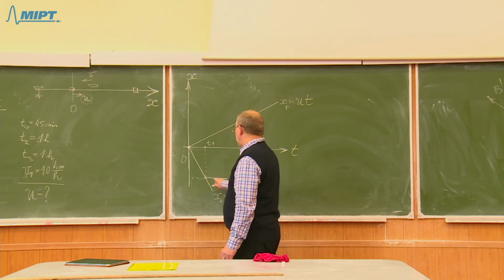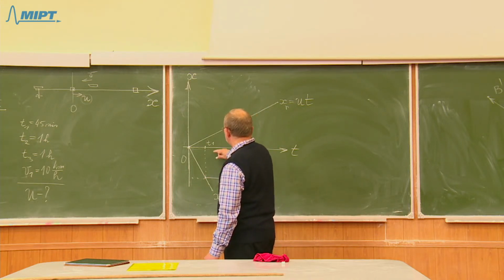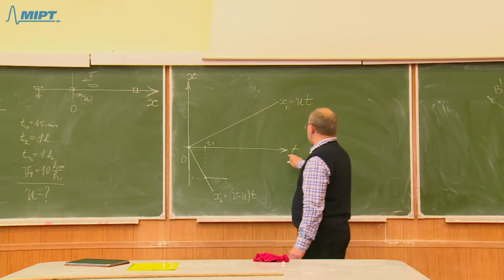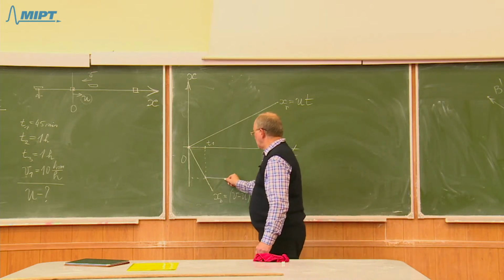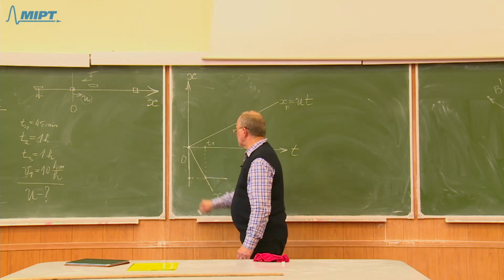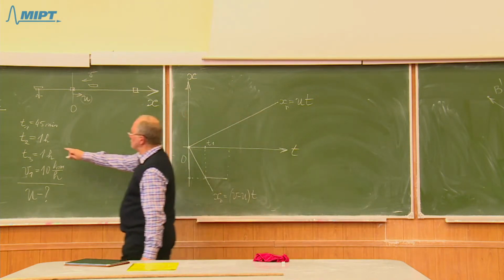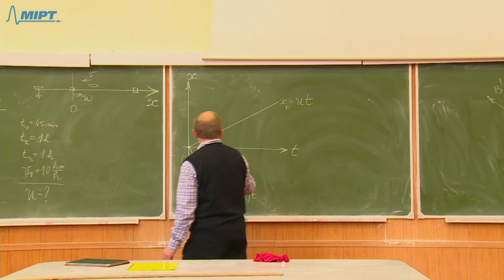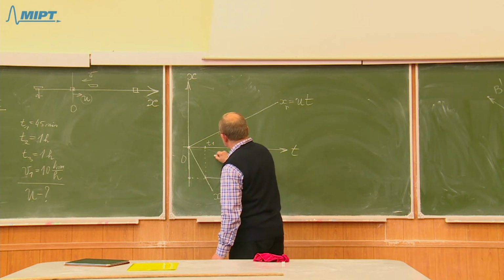That is, the line showing the motion of the boat will be horizontal, parallel to the time axis. The boat is standing. It still is at rest during time interval t2.